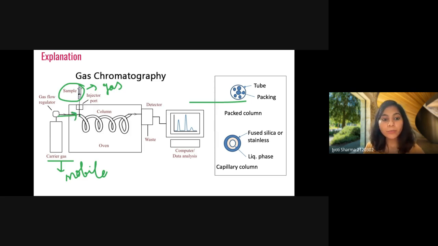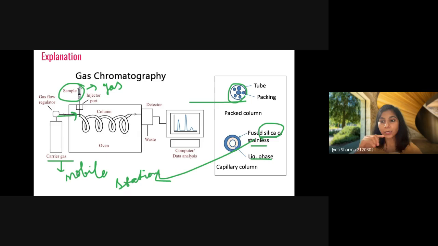That column has a tube and packing and also has some silica, or it may have a liquid phase also. Silica is your stationary phase. So here your mobile phase is gas and your stationary phase is silica.